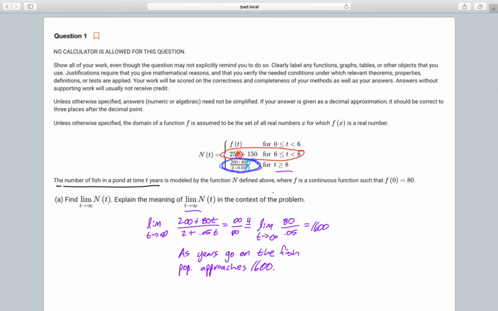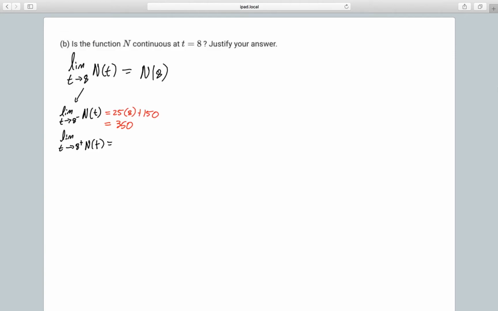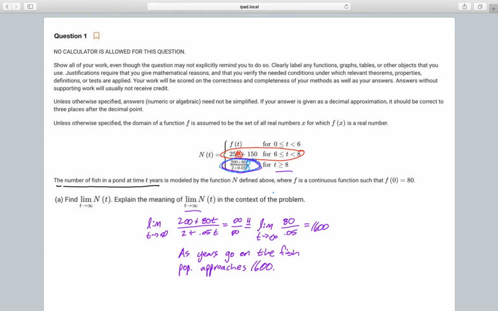We have 200 plus 80 times 8 over 2 plus 0.05 times 8, which is also 350. And that's also equal to what n of 8 would be, because that part of the domain is greater than or equal to 8.